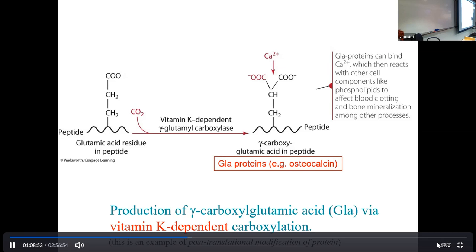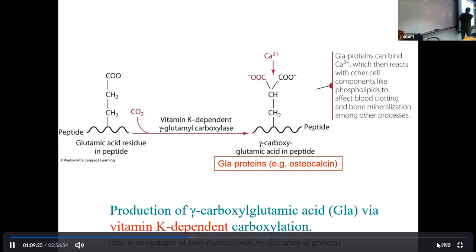After that protein is formed, you make additional changes so that it becomes like this. So that's why I'm saying post-translational modification of protein. Okay? In fact, later on you will see what I mean.